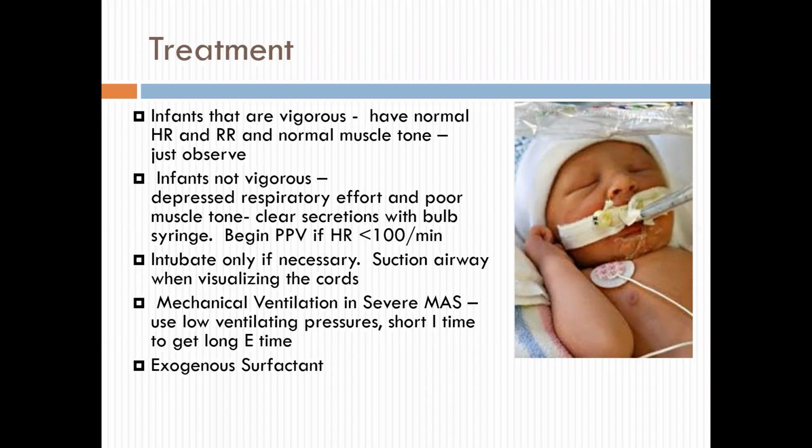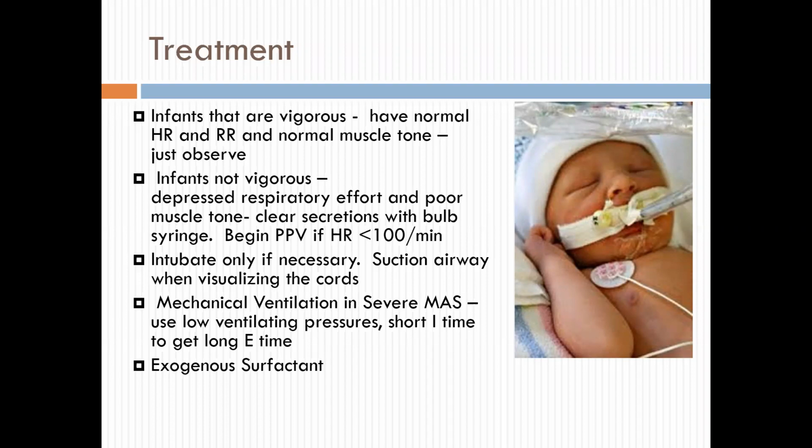If you're going to put them on a ventilator with severe aspiration, it says to use low ventilating pressures, short I time, and long E time. Does it make sense to choose low ventilating pressures? Why? To avoid barotrauma or pneumothorax.